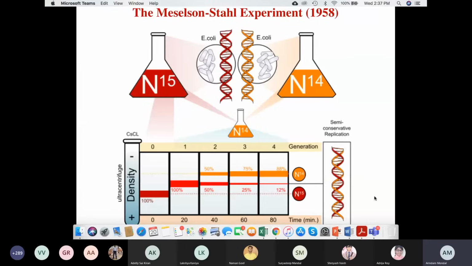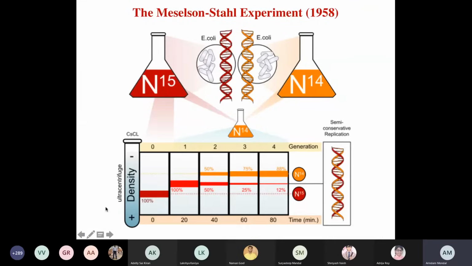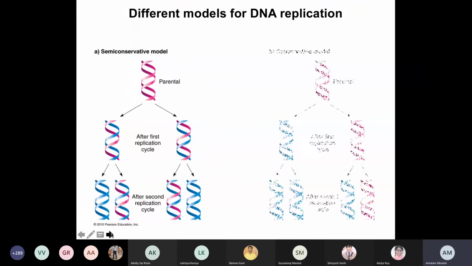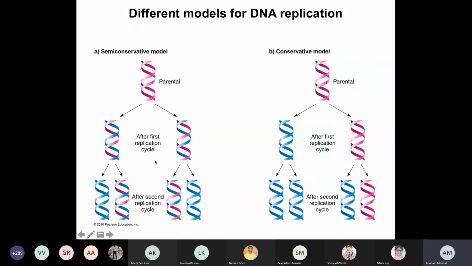So that could be a nice assignment for the students. You go ahead and calculate. Here, it was 50% hybrid at the end of the first generation, or rather all the molecules were hybrid, right? This is the parental DNA, say N15, so the parental DNA should be all heavy.